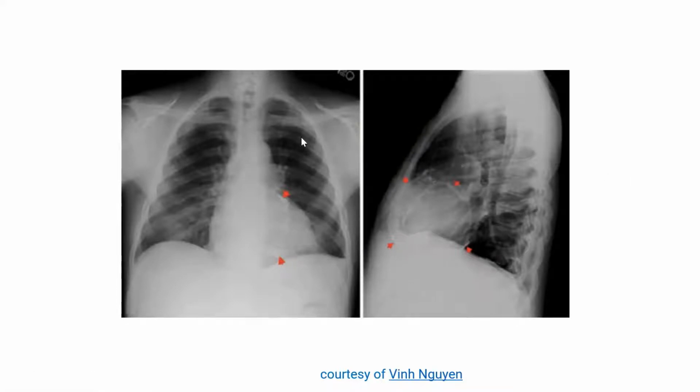So this is PA and this is lateral. And you see here glimpses of calcium. But when you do the lateral, you see the calcium better depicted. And this is the rule. Lateral X-ray is better than AP and PA projection for illustrating pericardial calcification.